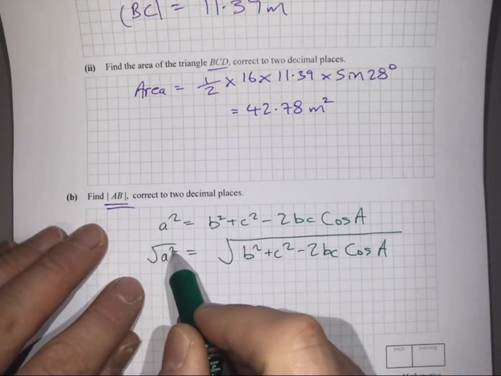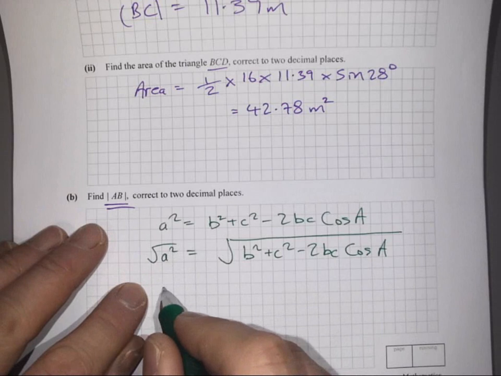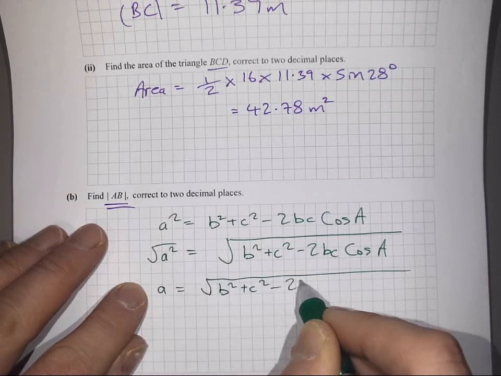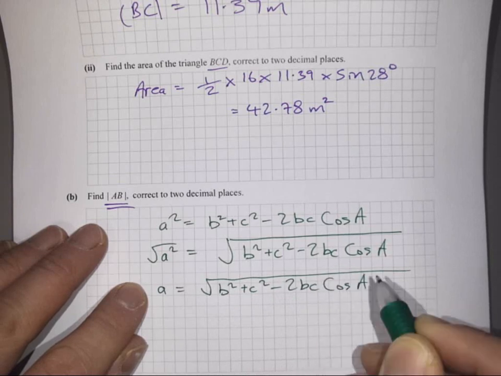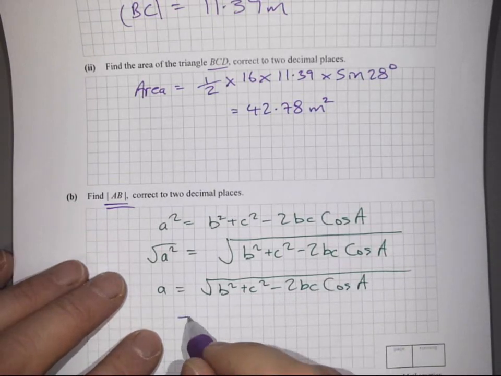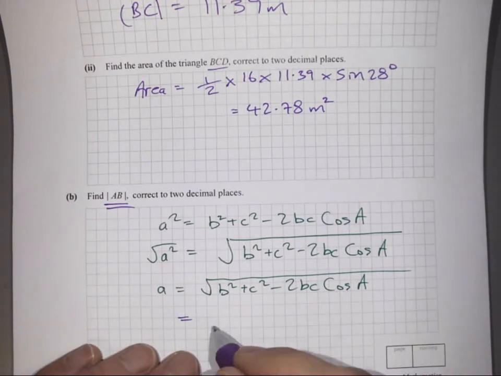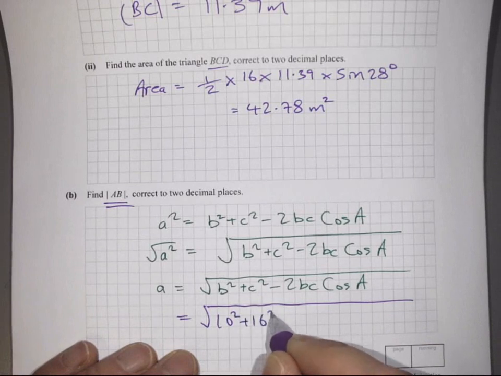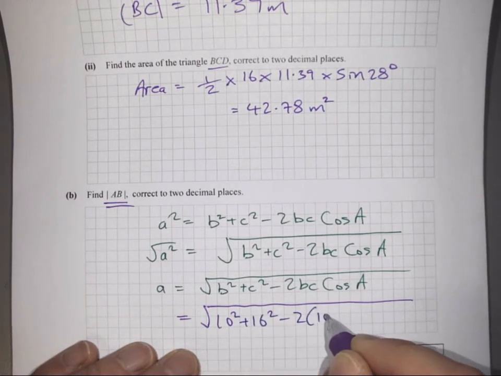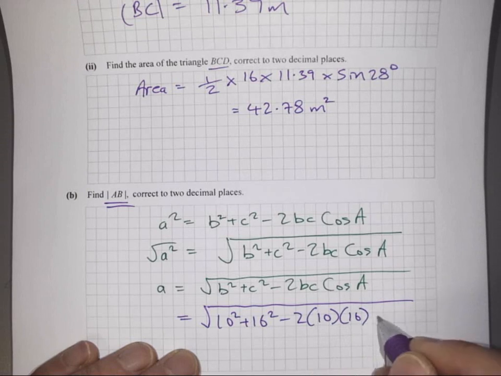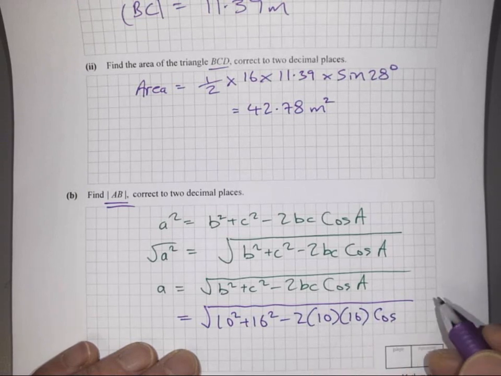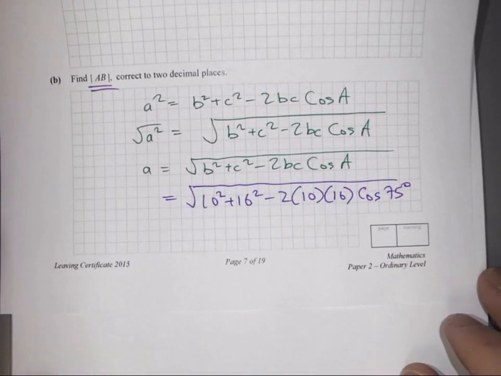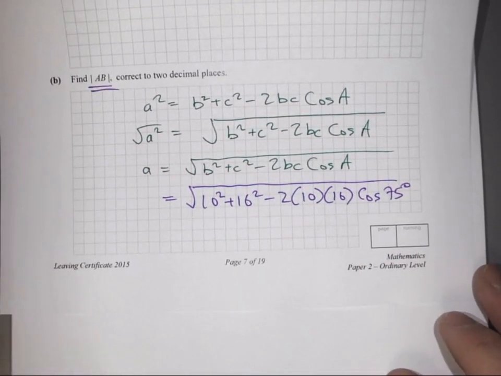So we end up with A equals the square root of B squared plus C squared minus 2BC cos A. And then we fill in from our particular case: the square root of 10 squared plus 16 squared minus 2 times 10 times 16 multiplied by the cosine of 75 degrees. And we'll put that into the calculator nice and carefully.